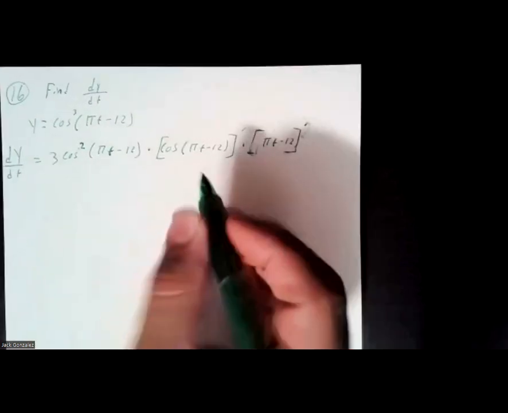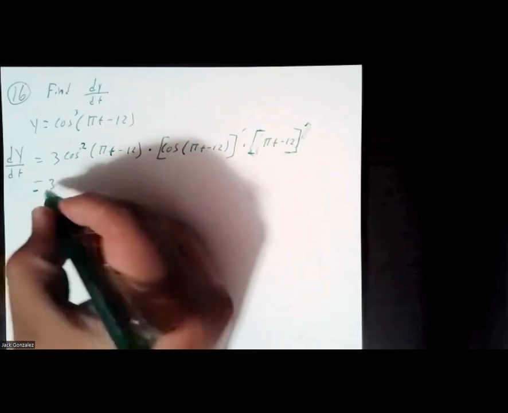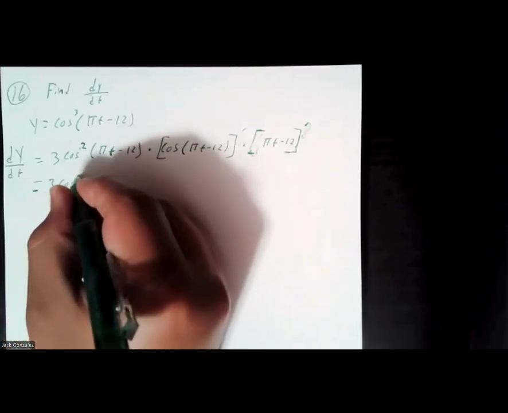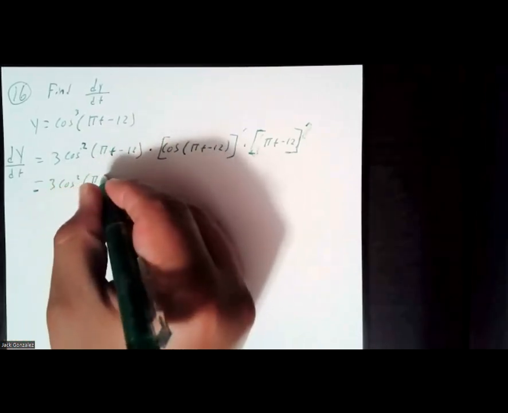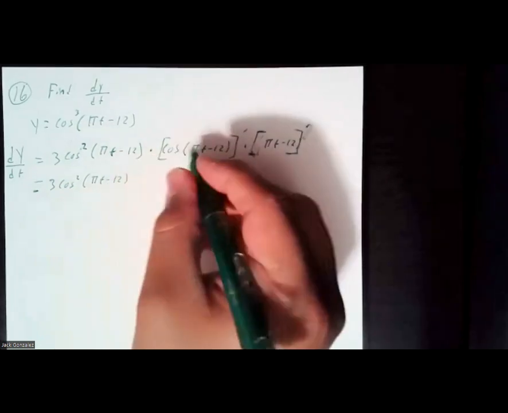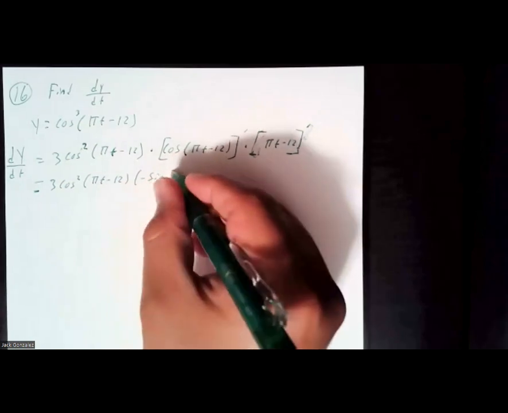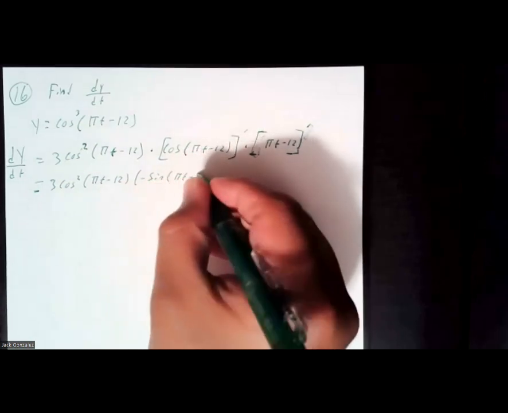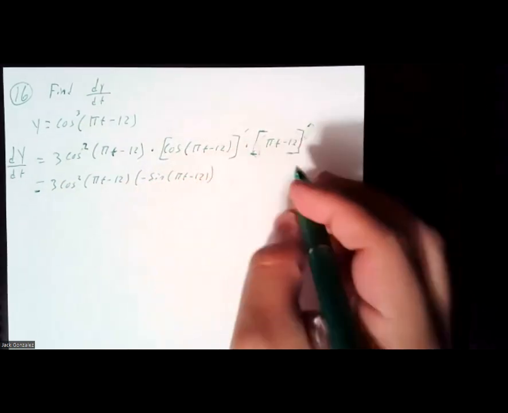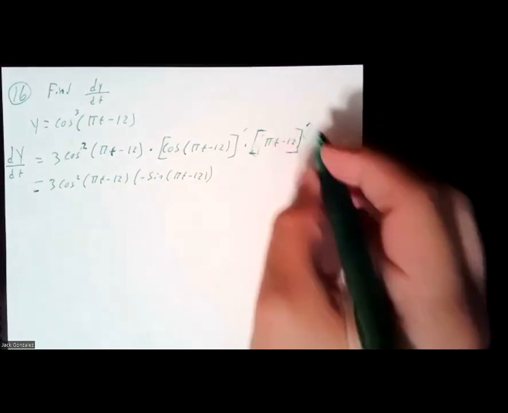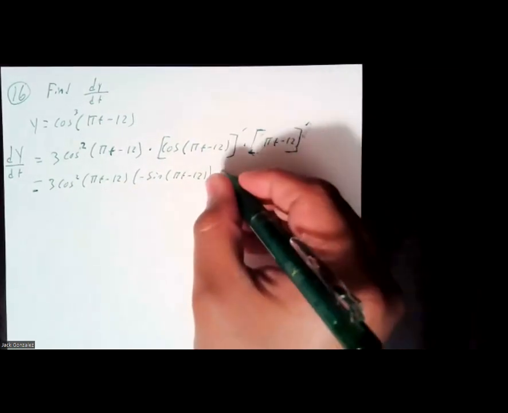Okay, so derivative of cosine. This part's already done. I did the power first. Pi t minus 12. Derivative of cosine is negative sine of pi t minus 12, times derivative of this, which will be just t.